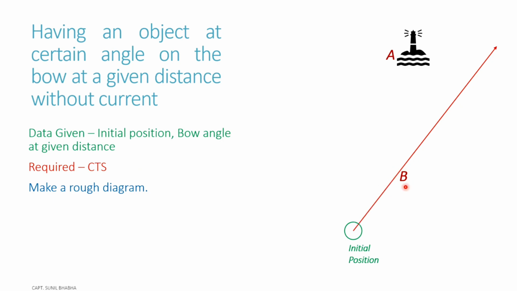At this point, the lighthouse comes at the required bow angle, or in other words, when the ship reaches point B, the bow angle which we are required to obtain is obtained here.